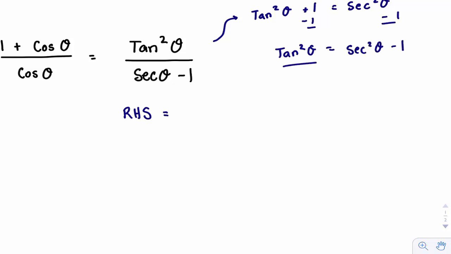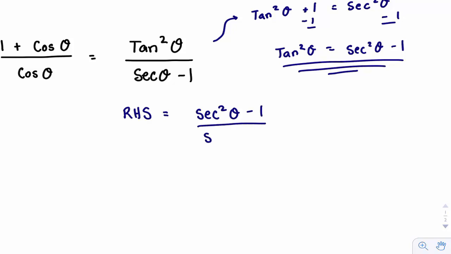When you're studying your Pythagorean identities, these just tend to fall by the wayside, and what I see a lot of students do is change everything to sine and cosine, and it makes it way worse. Here you can just write this as secant squared theta minus 1 over secant theta minus 1.